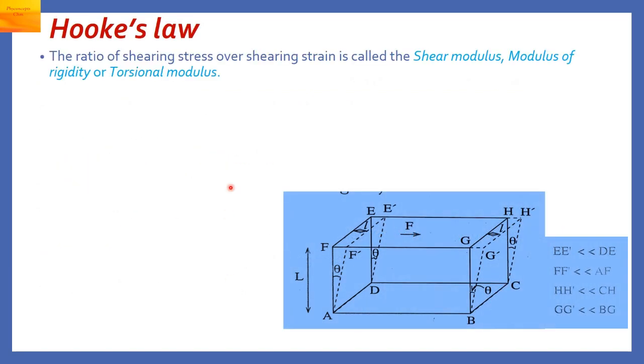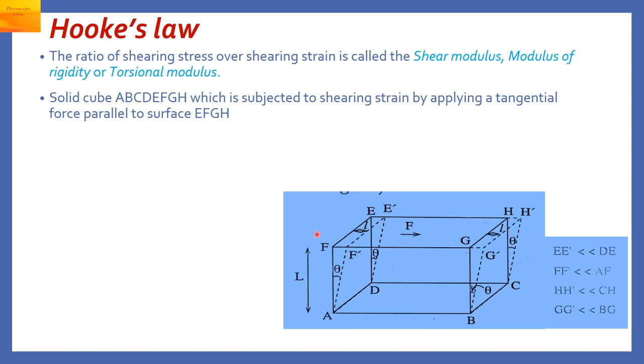Now we will see the modulus of rigidity. It is the ratio of shearing stress over the shearing strain. So we will consider this cube, which is subjected to a shearing strain by applying a tangential force to the upper surface EFGH.